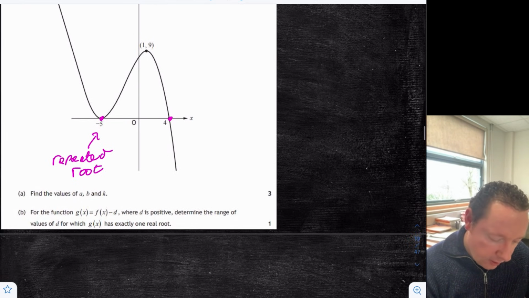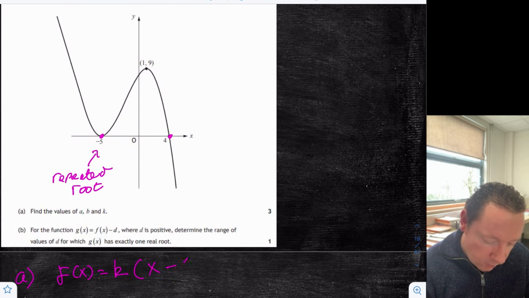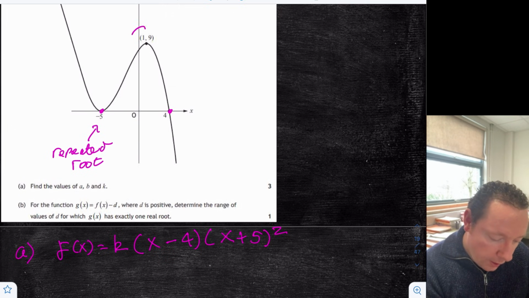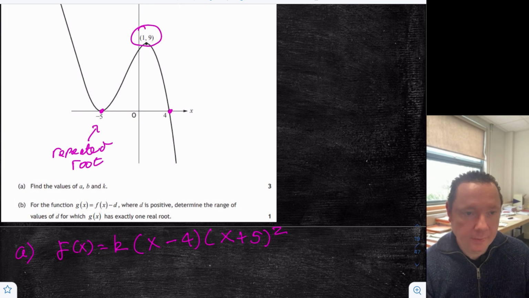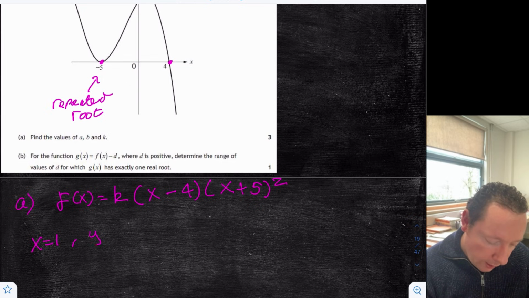So I can immediately say for part A, f of x equals k times x minus 4, times x plus 5 squared. And then we can use the point (1, 9) to work out our k. x equals 1, y equals 9.